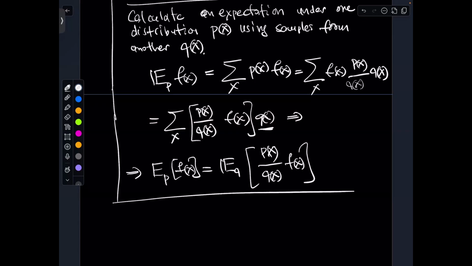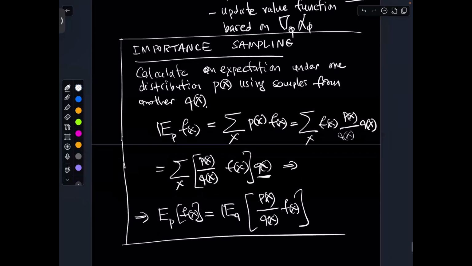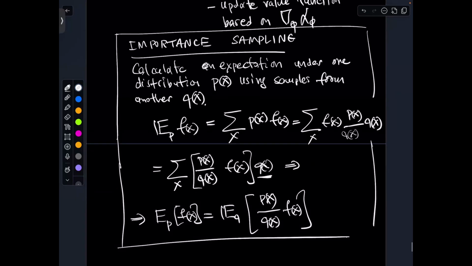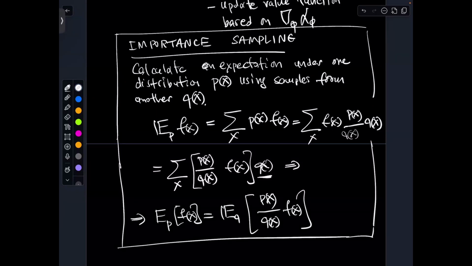Okay, so this is the reason why the PPO loss function has a surrogate loss, where instead of P and Q we have P theta new and P theta old, where P theta old is the probability distribution that generated the trajectories.